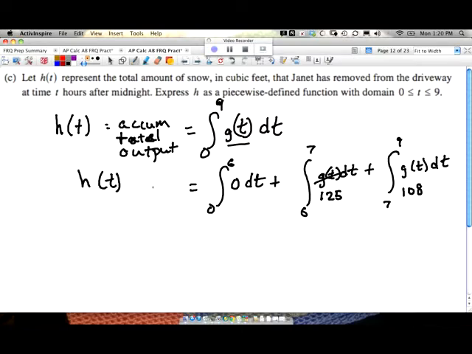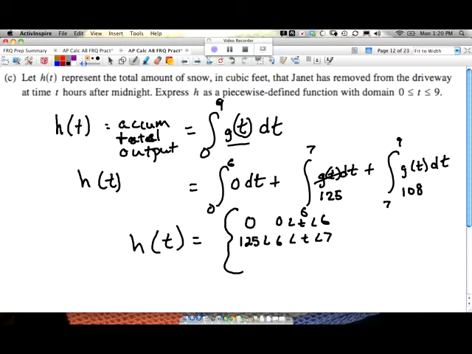Okay, so h of t equals that. So that means h of t equals, for 0 to 6, 0. She's accumulated 0. And then from 6 to 7, she's accumulating 125 per hour because the antiderivative of 125 is just 125t.